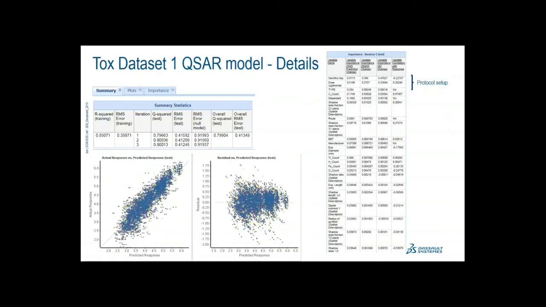So the first trial of QSAR here is just a bit of everything. I used the entire set of log neutral ball cells as a response, and then all the descriptors that were available. And of course, you can see at the top here that most relevant for the variant are the protocol setups, so the sacrifice days, the dosage.